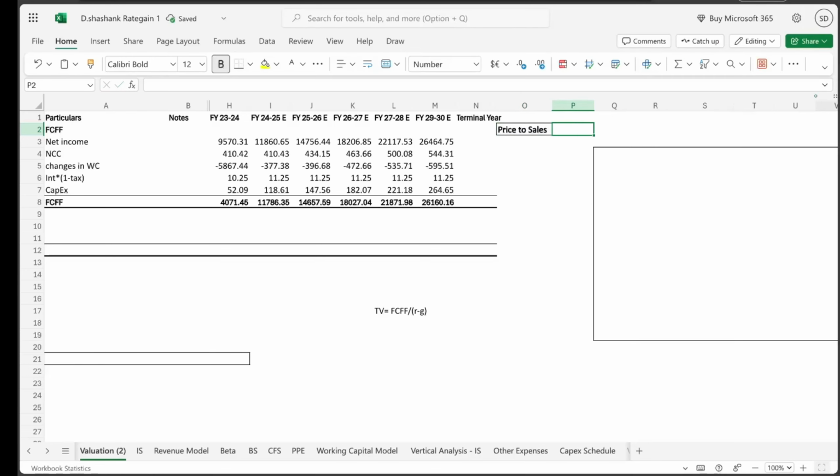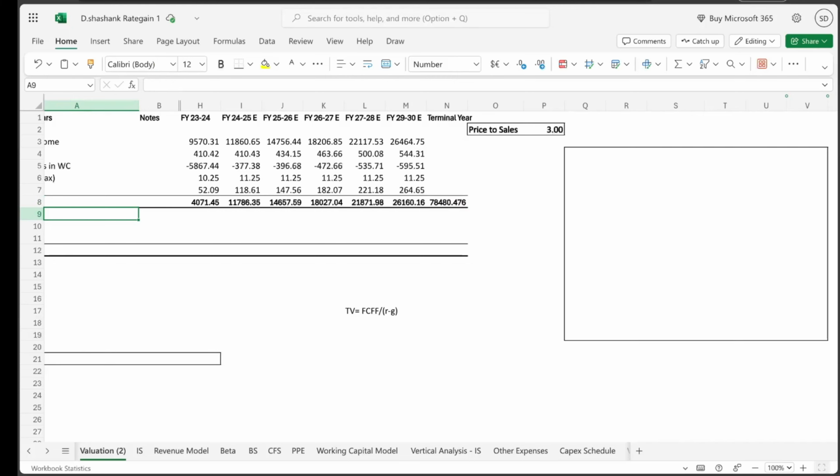Let's take an industry average long term price to sales growth rate, that is 3%. So our terminal value will be this number into an exit multiple. That's it. This is a very easy and industry accepted method.